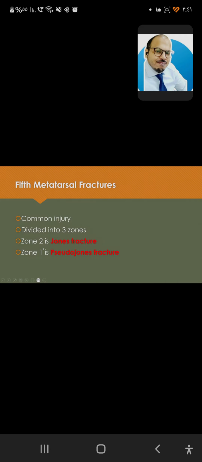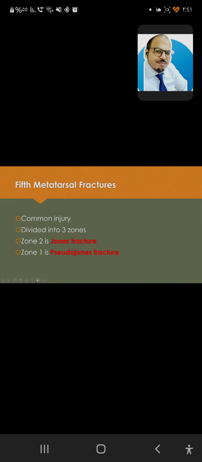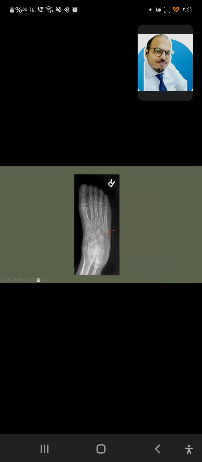Now let's move to the fifth metatarsal base fracture. It's a very common fracture pattern. Usually it's divided into three zones: zone one, two, and three. Zone two is called Jones, and zone one is pseudo-Jones. Zone one is the most proximal part, immediately after that, at the joint level.